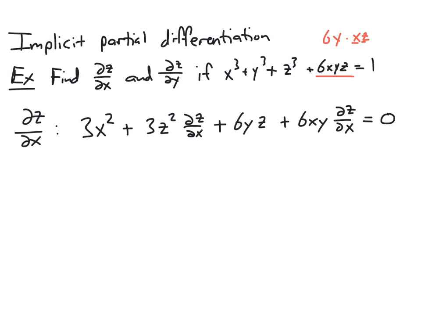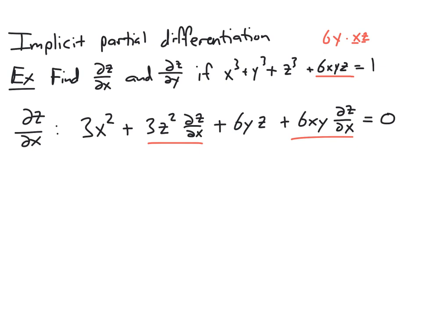Now in this equation, I have two terms that have a del z del x. The strategy for solving this in Calculus 1 was to isolate those two terms on one side, put the non-del z del x terms on the other, and then factor out the del z del x and solve for it. That's exactly what we're going to do.